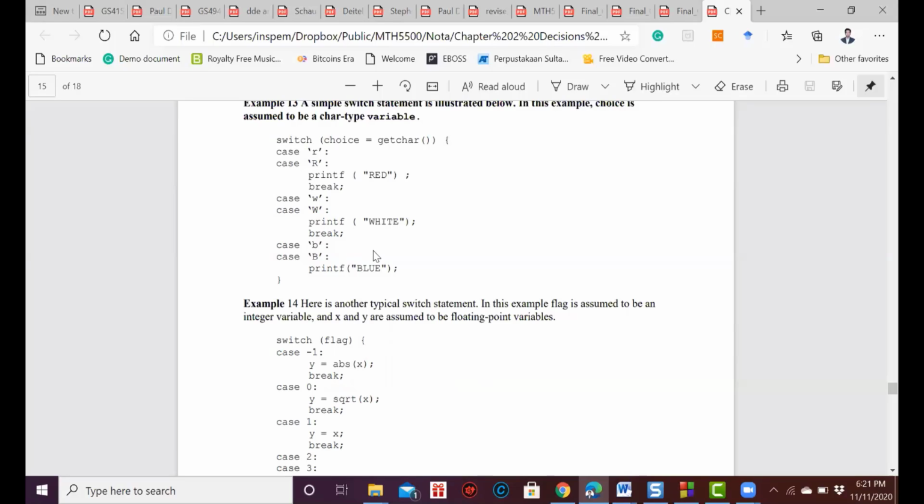Doctor, can we also write, for example, case small r, double bar, capital R? Can we write like that, with only one case? No, the format is not like this.